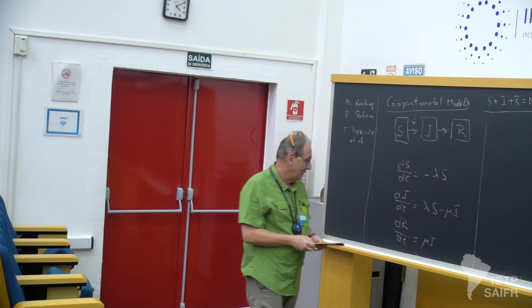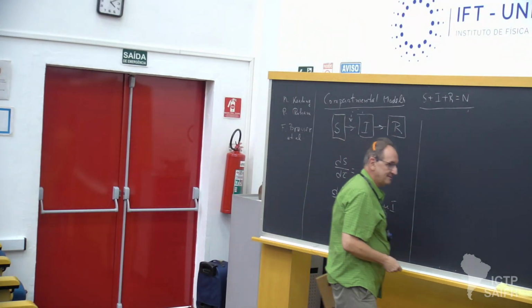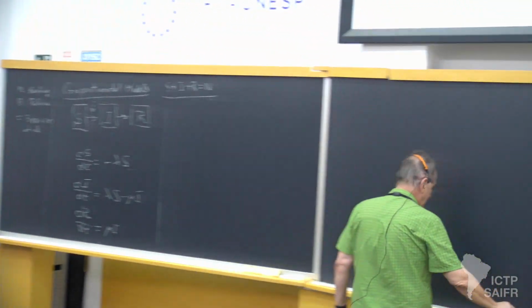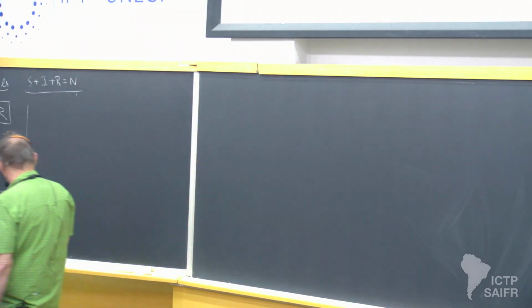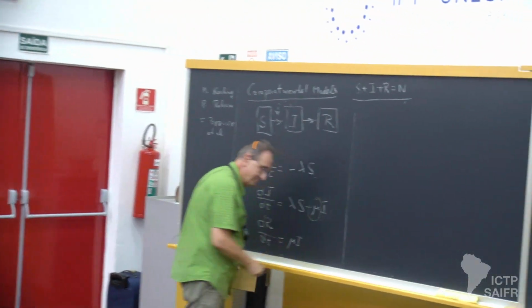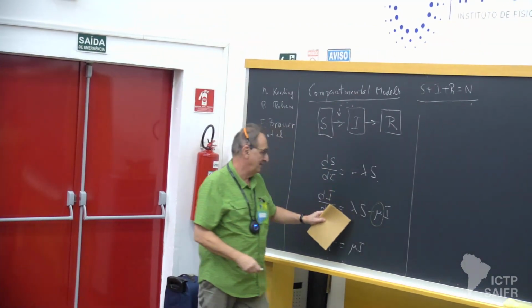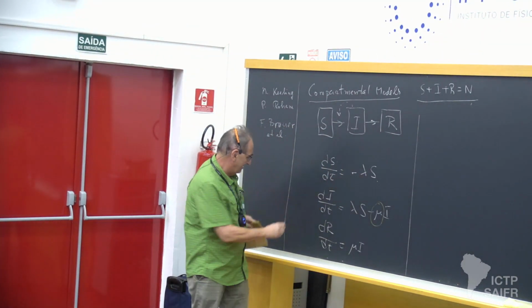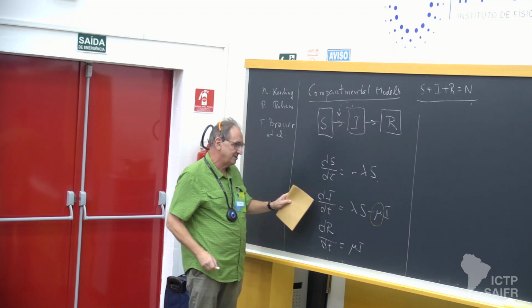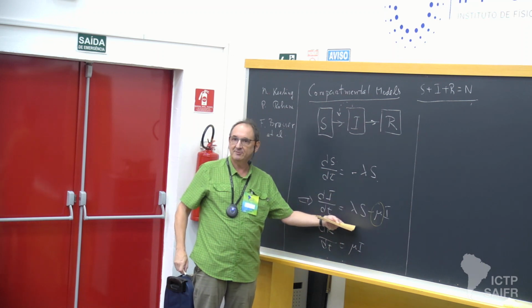So first, let us take a look at mu, this guy. What is this guy? Look at this equation, but forget about this first term.